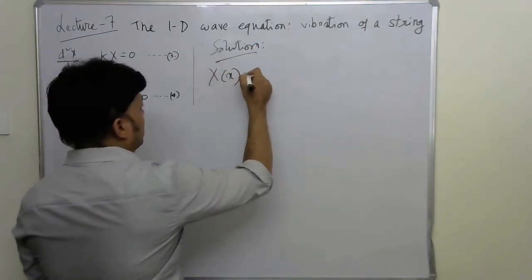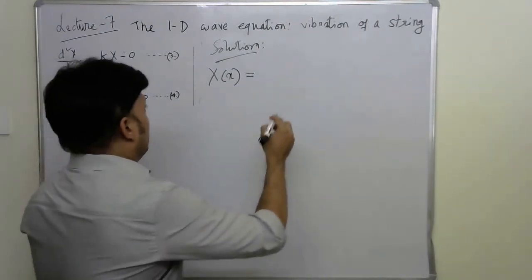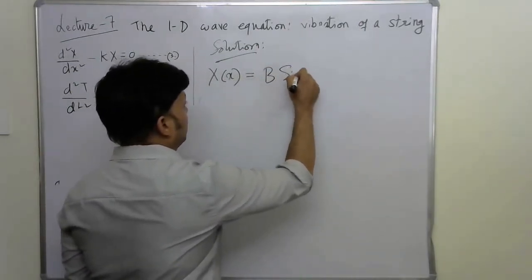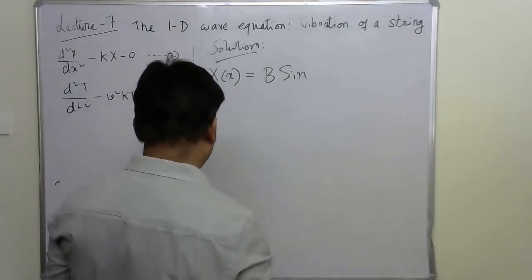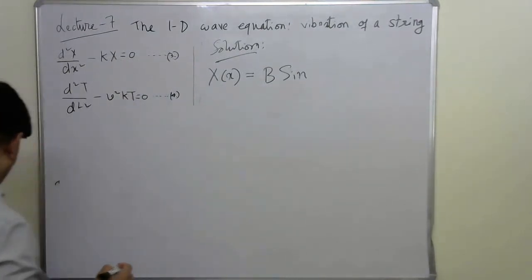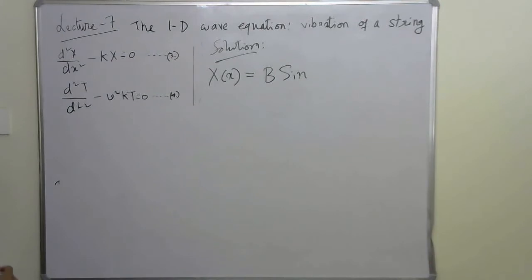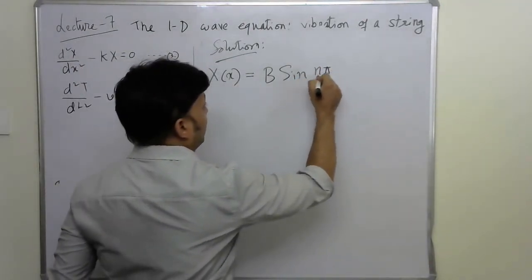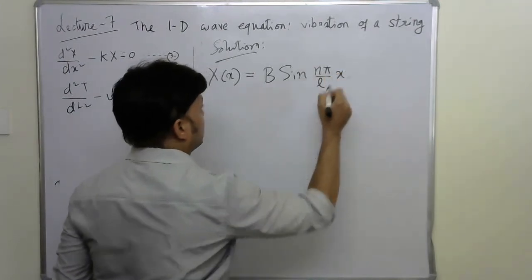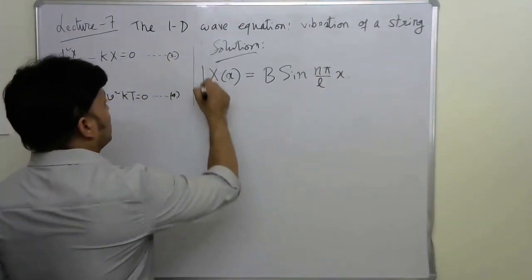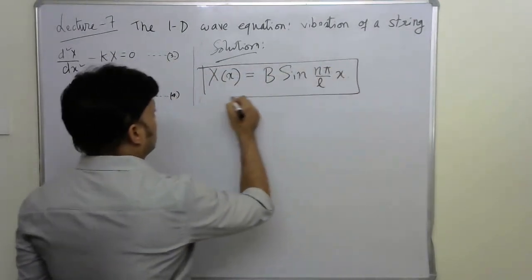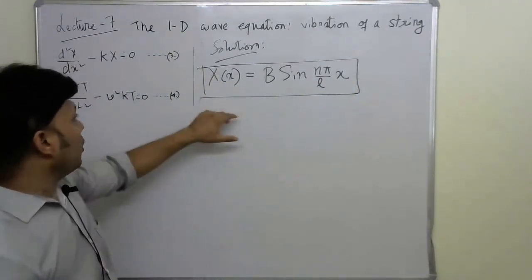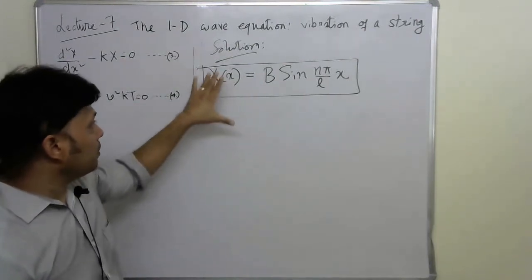So this becomes b sine, and instead of beta we can write n pi divided by L times x. Alright, so this is the solution for the displacement part, the x part.